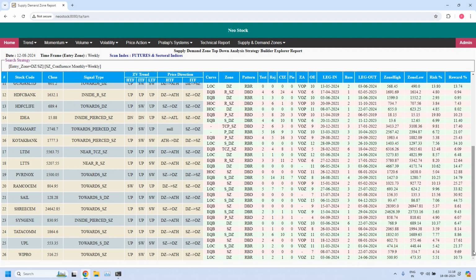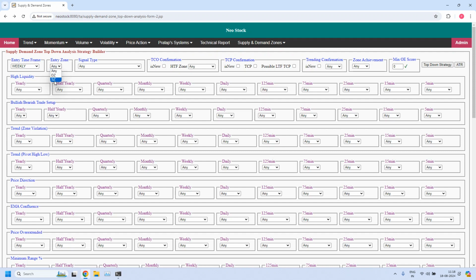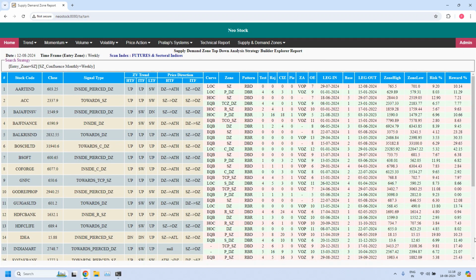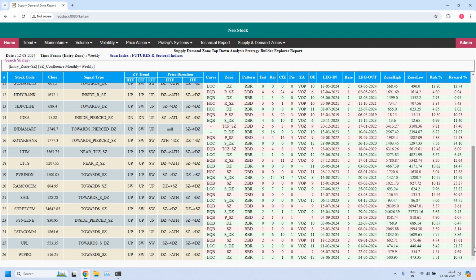All these 26 stocks, we have supply zone confluence. Let me check once again. So total 26 stocks, yes. And now these are all weekly and monthly confluence.